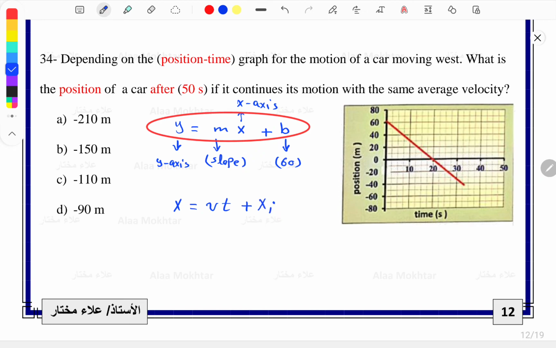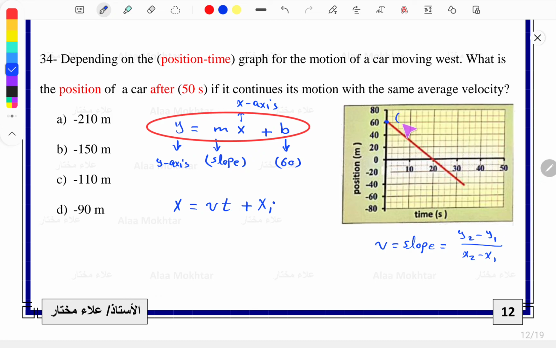This is the same equation but in physics. So how can we calculate the slope? V equals slope equals y2 minus y1 divided by x2 minus x1. We can take 2 points.